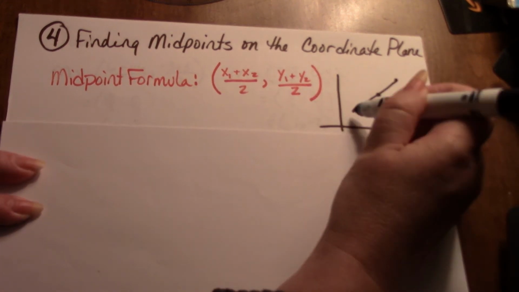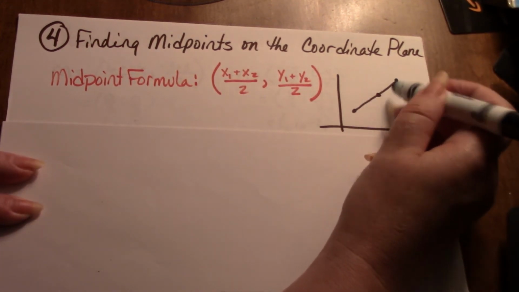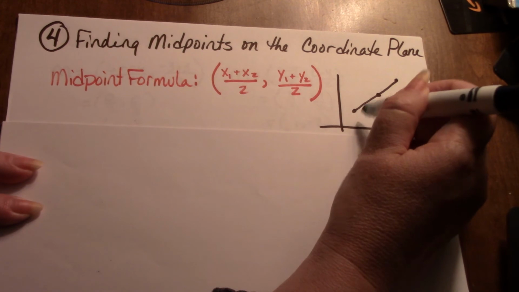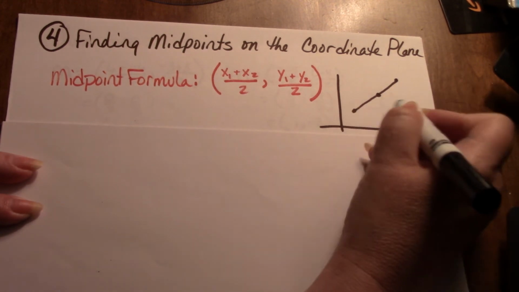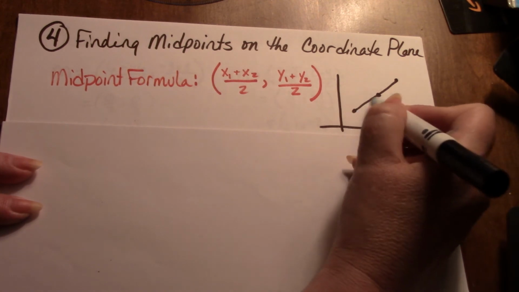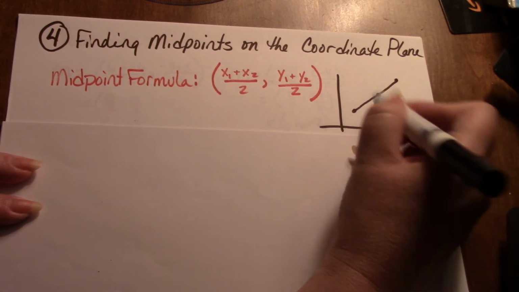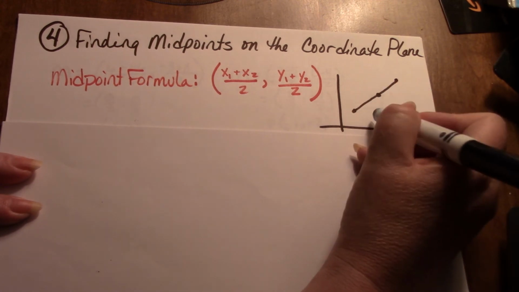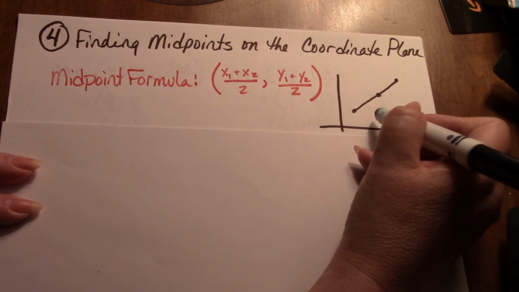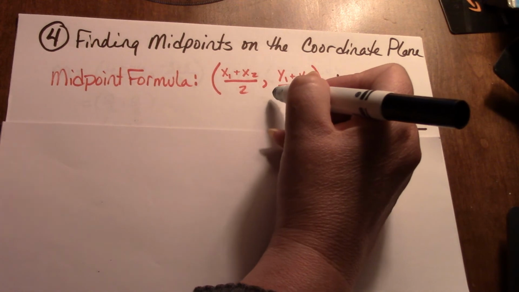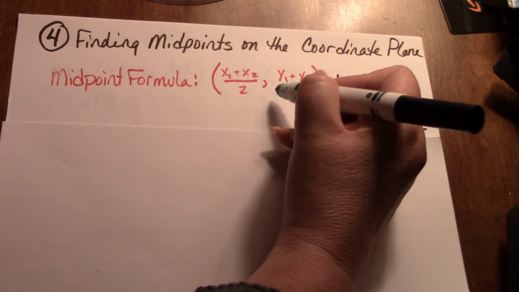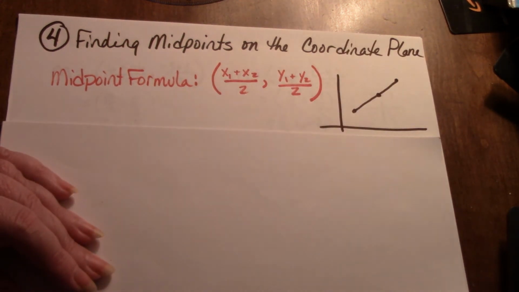So if you've got a point here and a point here, and you find the average height and the average distance, actually it's the other way around because this is x and this is y, that's going to give you halfway across and halfway up and down, and that's going to put that right in the middle. So using the midpoint formula on a coordinate plane is exactly how you get your midpoint.